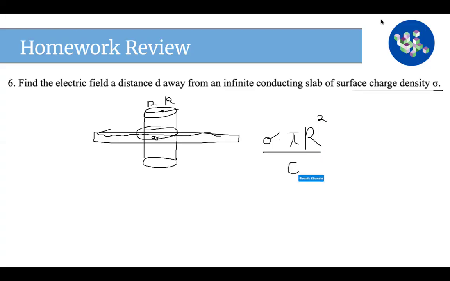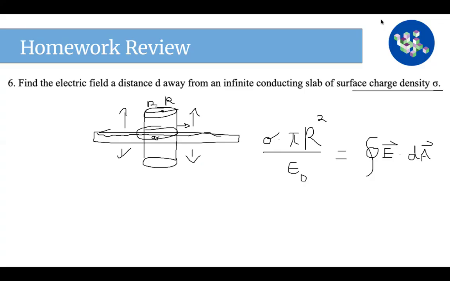That divided by epsilon naught will equal our integral of E dA. From an infinite slab, the E will always point up above it and down below it. The dA vector on the side is perpendicular, so the dot product is zero, and you can ignore that.